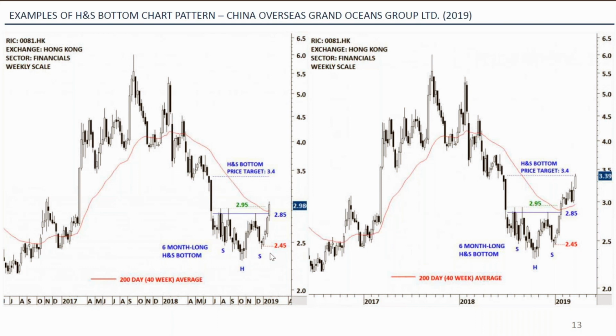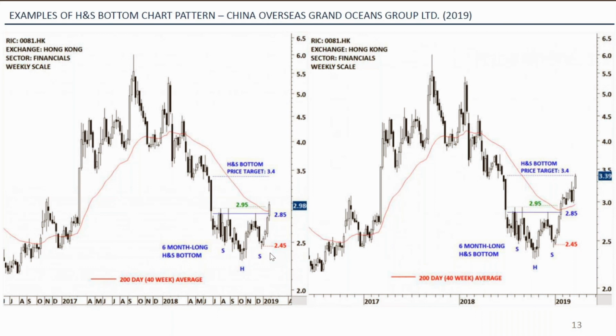With rectangles, for example, it's a little bit more subjective because I try to find a level inside the chart pattern boundary, a minor low, that when we fall below that, the rectangle is morphing into something else. With ascending triangles and descending triangles, again, I try to find a level inside the chart pattern, a minor high or minor low, which is clearly visible, that once we fall below that or breach above that, the chart pattern is no more an ascending or descending triangle.